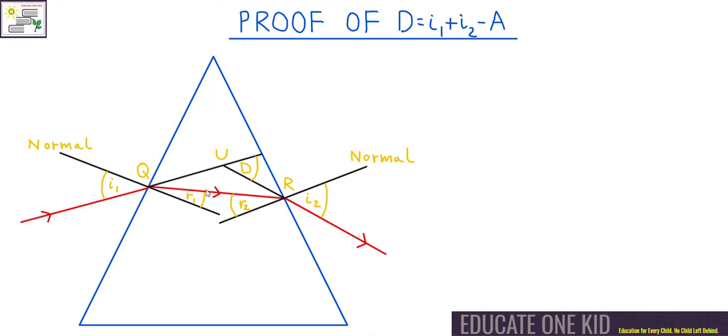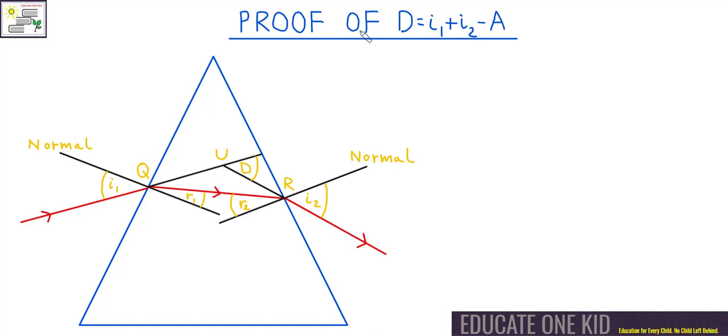So the light refracts, and you can see these angles here. This is I1, this is R1, R2, I2, and D, the angle D. And Q, U, R: Q represents this point here, U represents this point here, and R represents this point here.